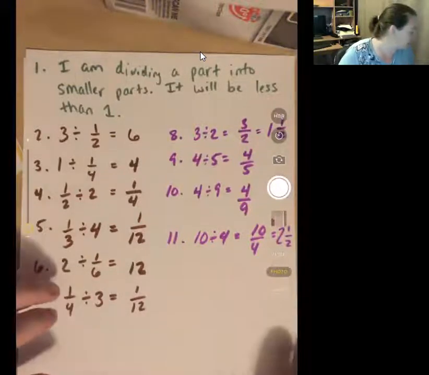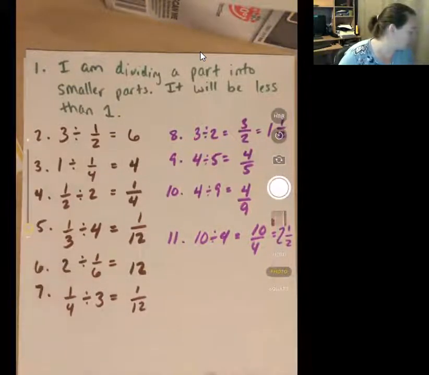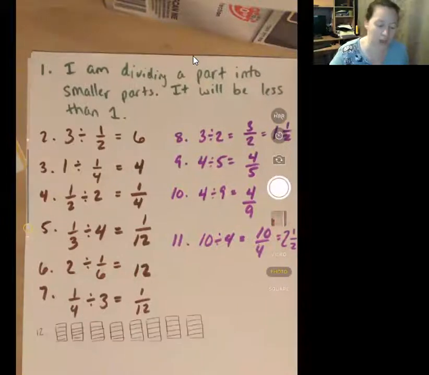Mateo has 8 liters of punch for the party. Each glass holds 1/5 of a liter of punch. How many glasses can Mateo fill with the punch? Okay, give me a sec so I can draw this. All right, so down here at the bottom, I have the 8 glasses all cut into fifths, okay?